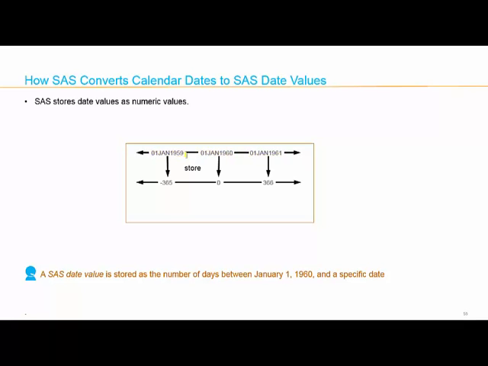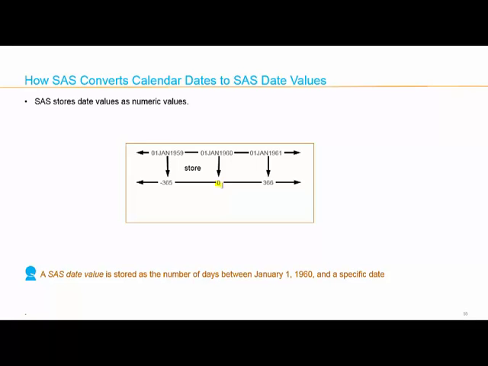SAS will store the value in the form of a number. Whenever SAS identifies a date as 1st Jan 1960, internally it is stored as a number, so 0 indicates the first day of that date value.